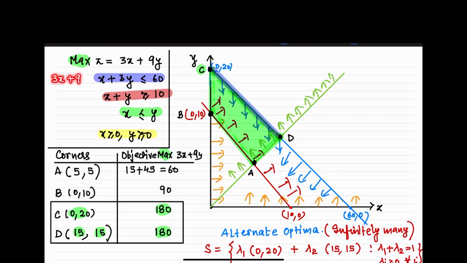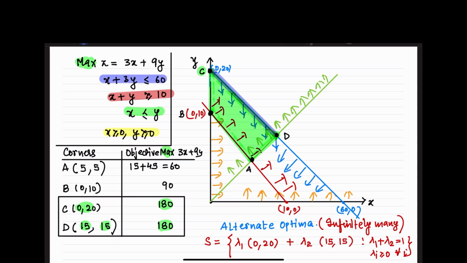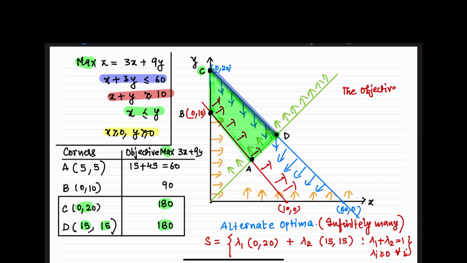You get 3x plus 9y, which is in fact your objective. So whenever such a thing happens, that the objective becomes parallel to a binding constraint, this implies an alternate optima. What is binding? I'll tell you.